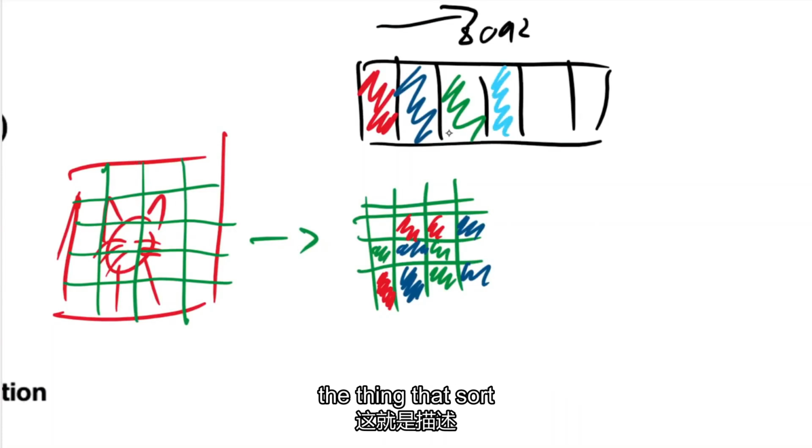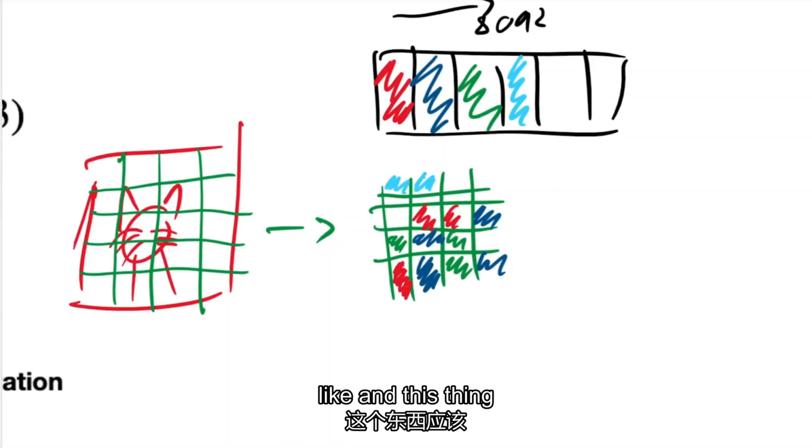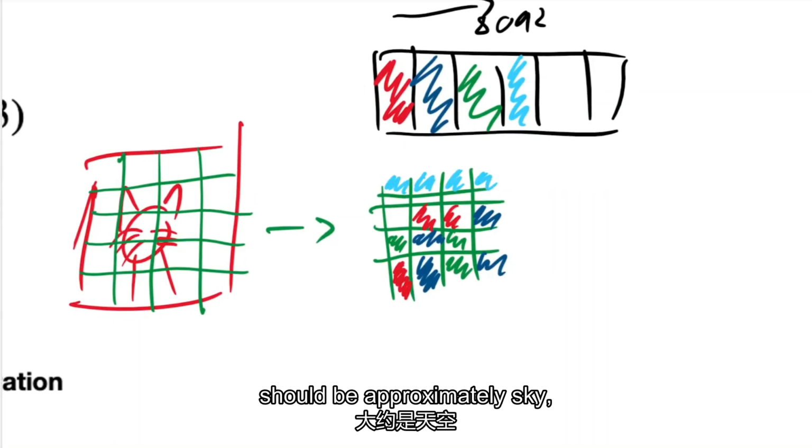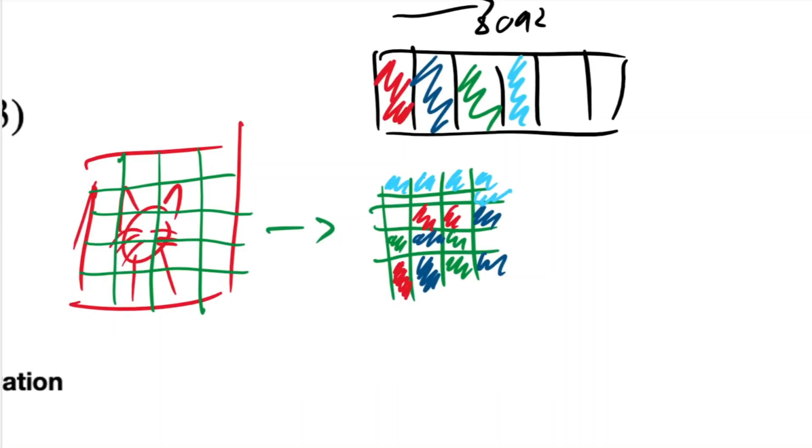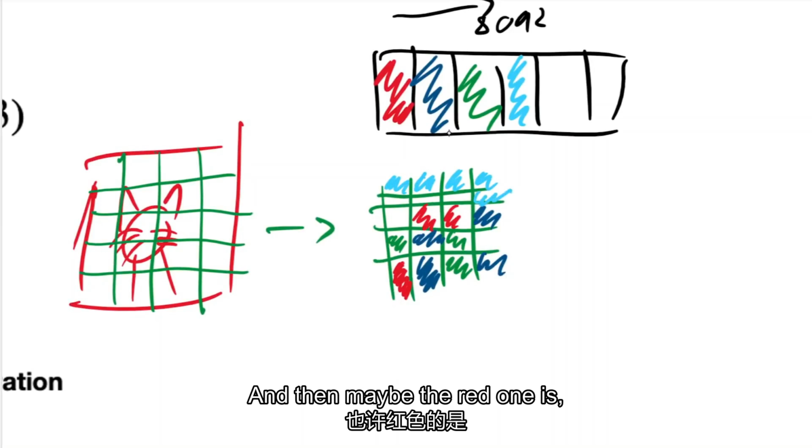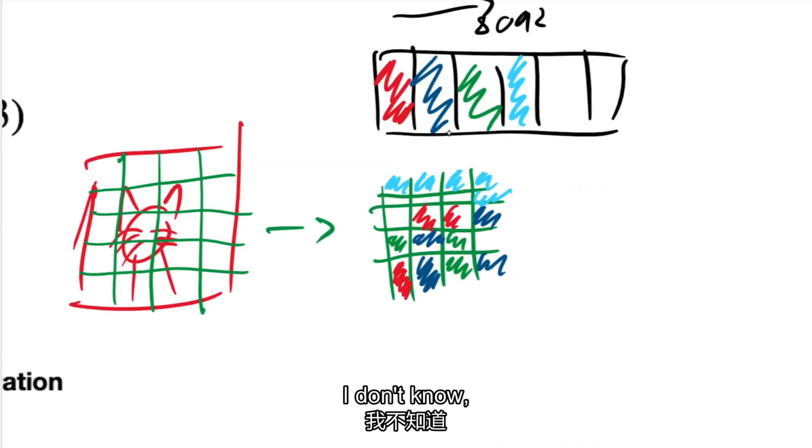So maybe this is the thing that sort of describes sky. So what you'll have is this thing and this thing and this thing and this thing should be approximately sky, right? And then maybe the red one is, I don't know, animal, and the blue one is vegetation, and the green one is something else.